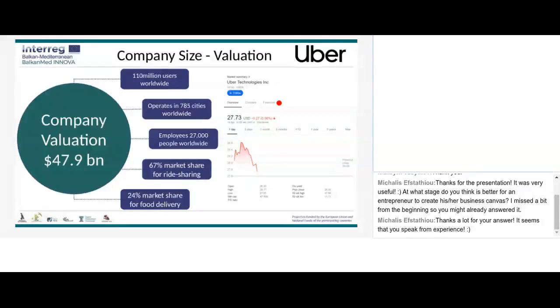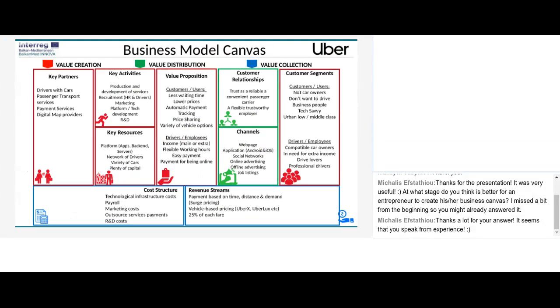It employs over 27,000 people, and it has a market share of 67% for ride sharing and 24% for food delivery, which is really large market share, especially the market share for ride sharing. It's really big number there.